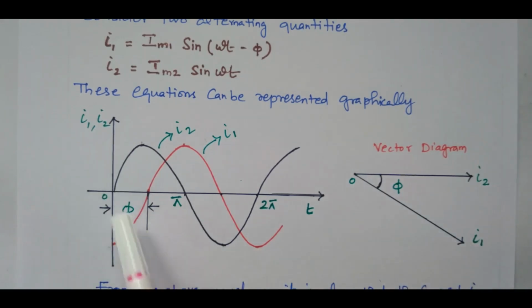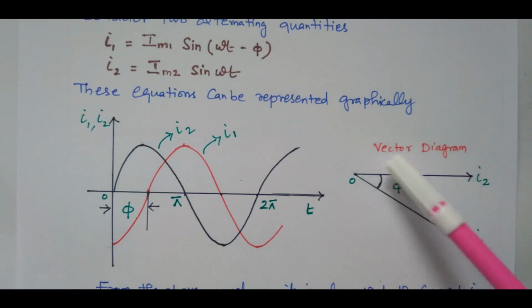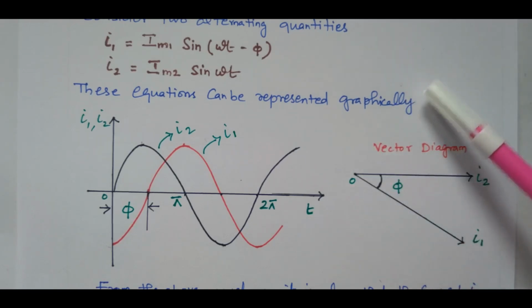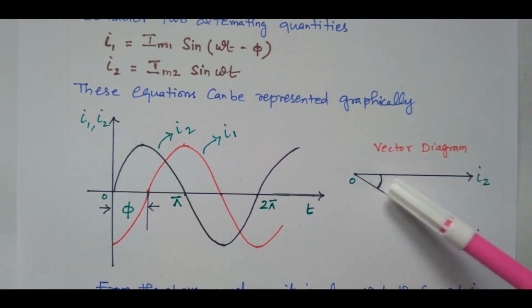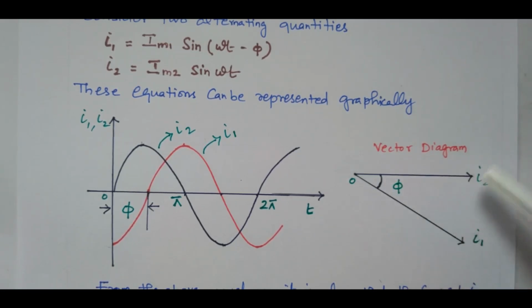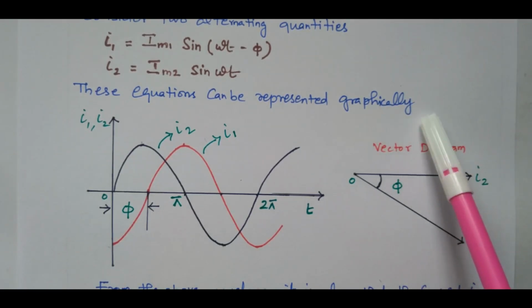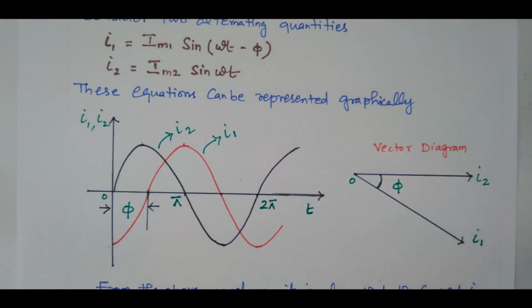But I1 starts later on, so it is drawn downward. If it starts earlier, it will go upward, positive. This will be negative. This pi is the angle between I1 and I2. Because it starts later, there is a delay, that's why it is given in a downward direction. If it is leading, it will be given in the upward direction.